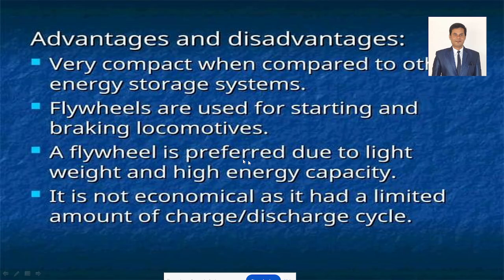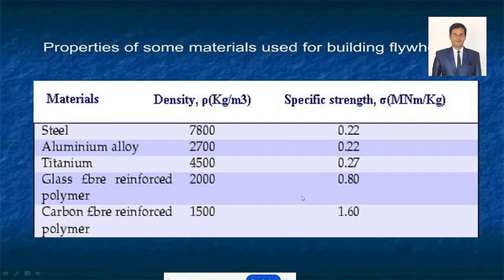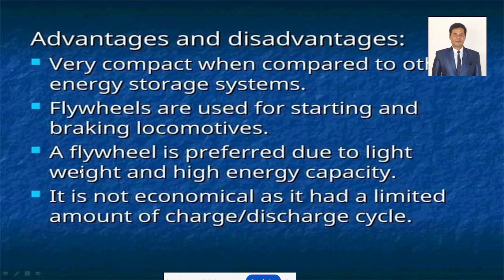The flywheel is preferred due to its light weight and also high energy density. When you talk about density, it depends upon the types of materials used in the design. Based on these composite materials, the density has a lot of impact. So the flywheel is preferred for its light weight and high energy density capacity.